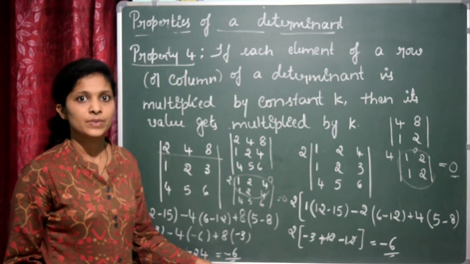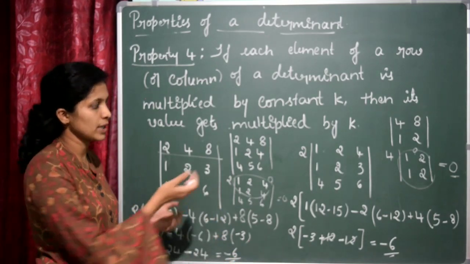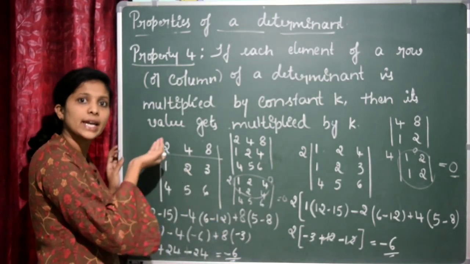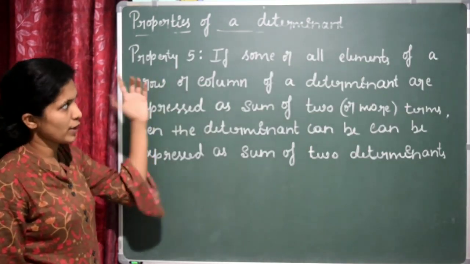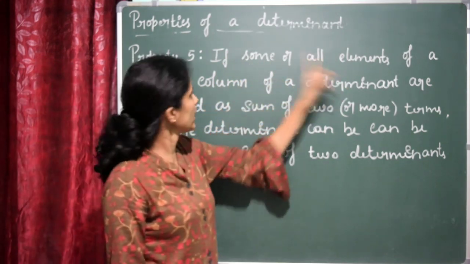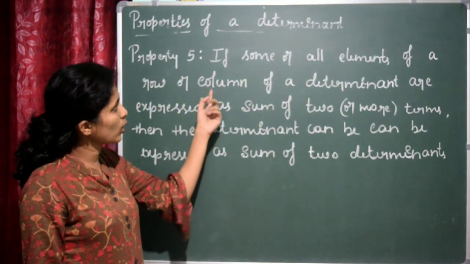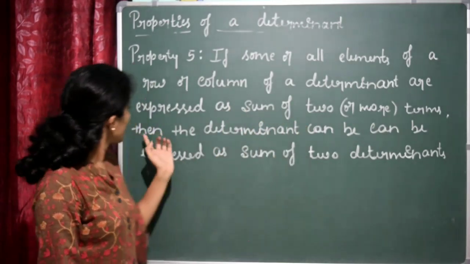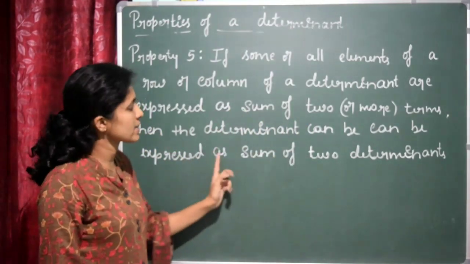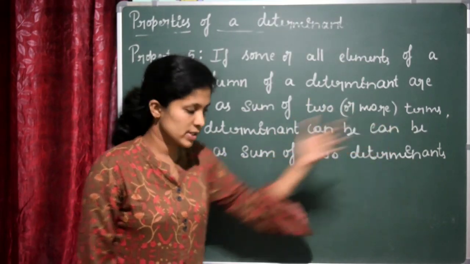Important property. You can take out constant values from any column or any row. Property 5 says that if some or all elements of a row or a column of a determinant are expressed as sum of two terms, then the determinant can be expressed as the sum of two determinants. We'll see this one.